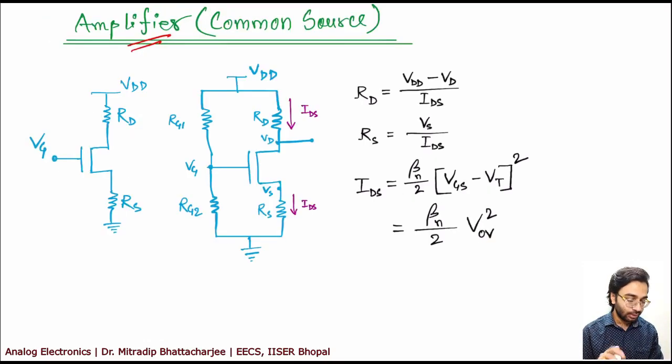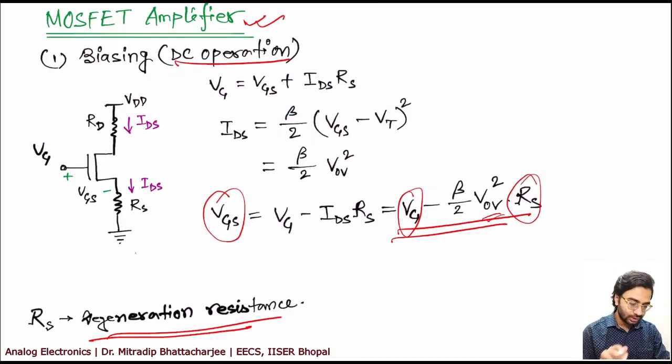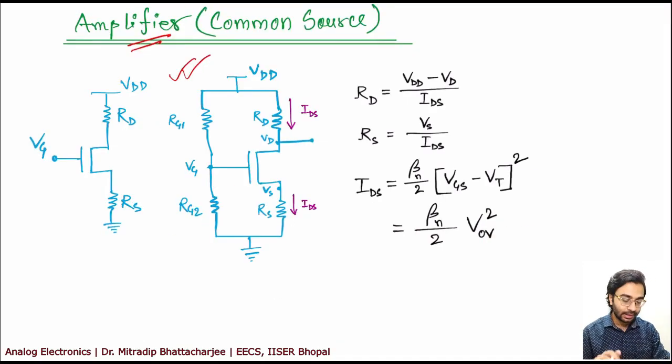Then we have also shown another kind of biasing which we also have seen in BJT. So I've shown this DC operation first, then I have shown this kind of biasing which is similar to the BJT biasing that I've shown in previous slides, and figured out the equations related to the same.